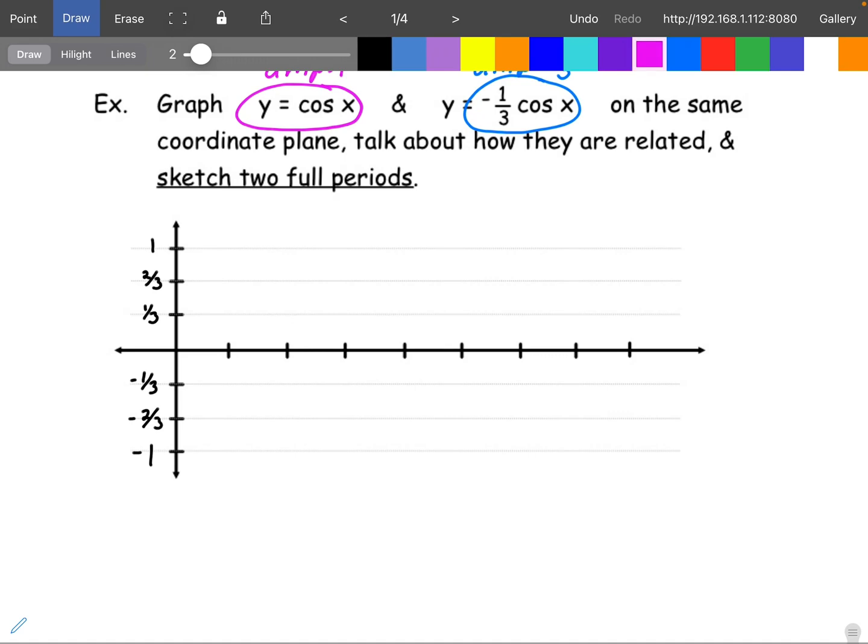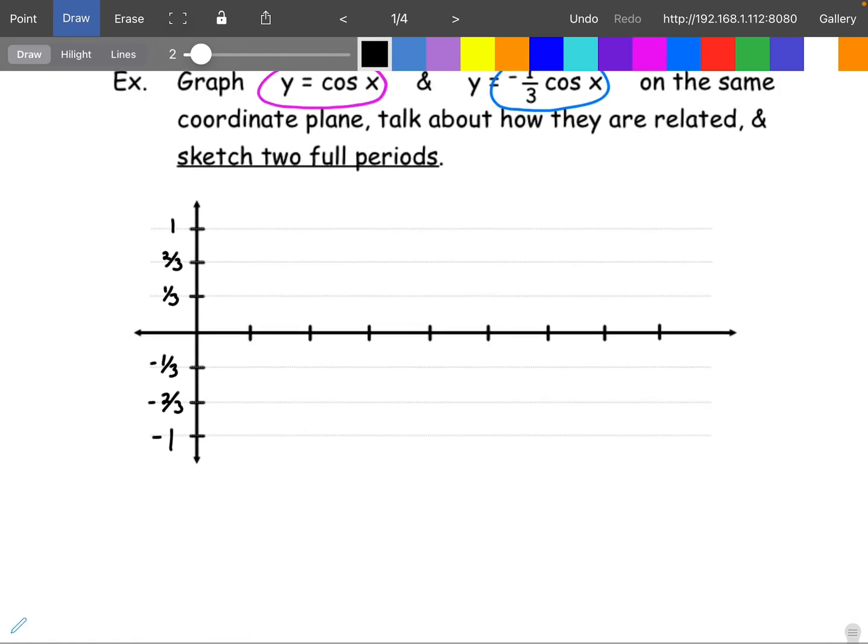So let's start with the basic cosine function. Make sure that you also label your horizontal axis. We know that we're starting at 0. Then we have pi over 2, pi, 3 pi over 2, 2 pi. That's one full rotation. I need to go for another full rotation.